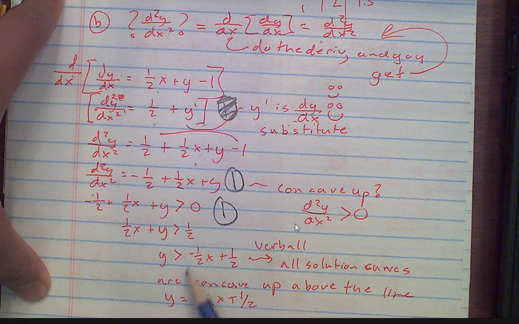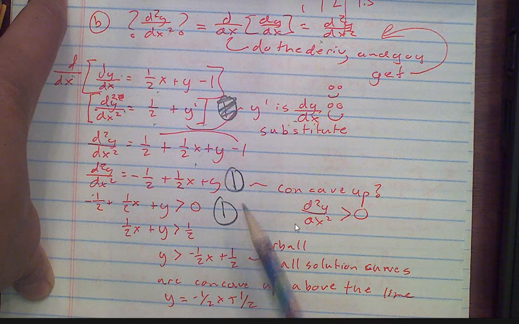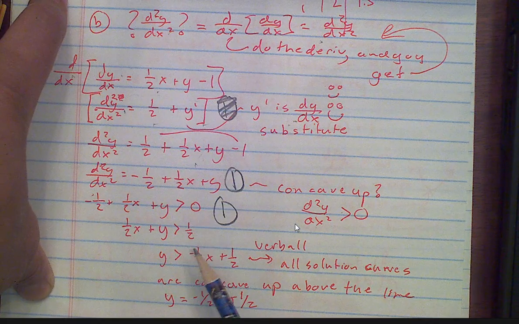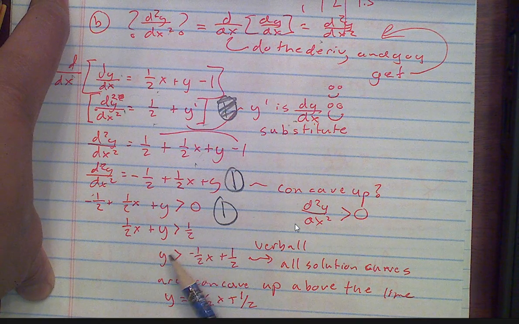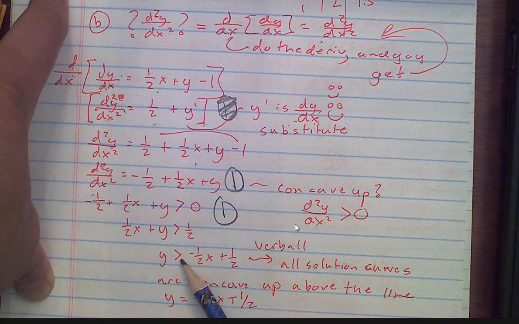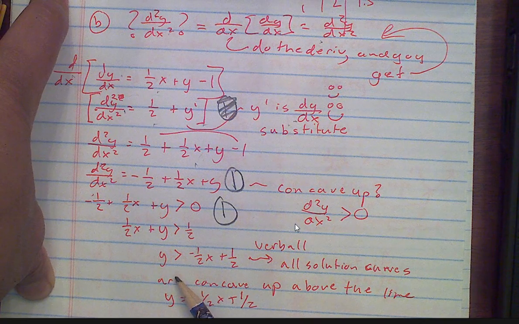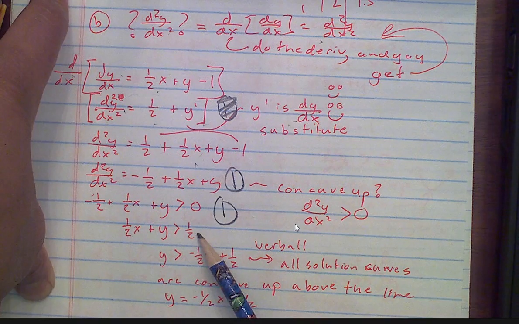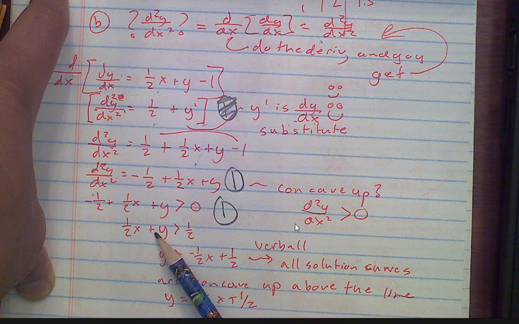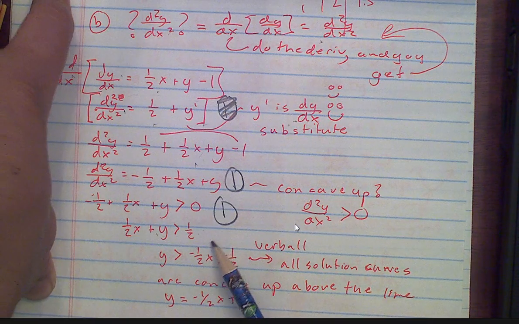Now, this is tough. I don't think we've ever done this type of problem, but it's just a tough cookie right here. Since you have an inequality stating that the second derivative is greater than 0, make it a linear function. You could have stopped right here and said all solutions that satisfy this inequality, but I don't think that would be very appropriate.